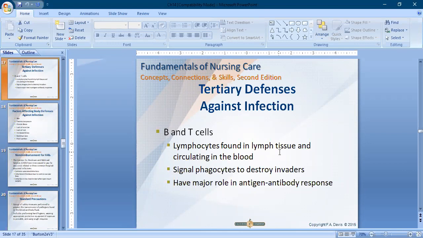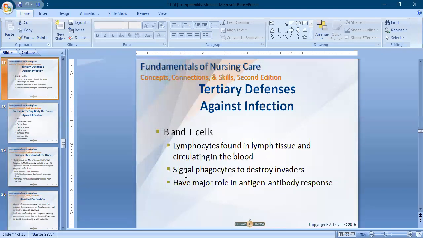Lymphocytes produce antibody, or immunoglobulin, and they are immune cells that protect your body from infection.